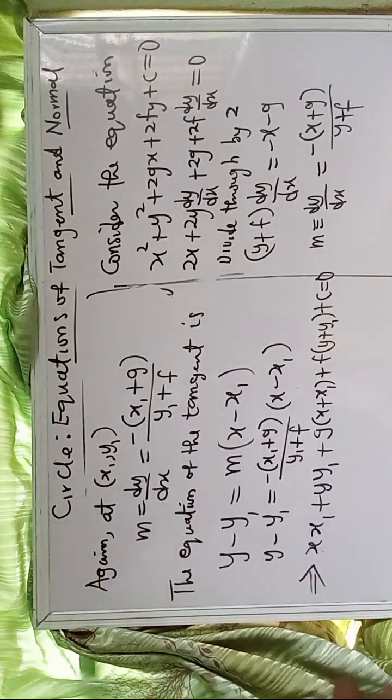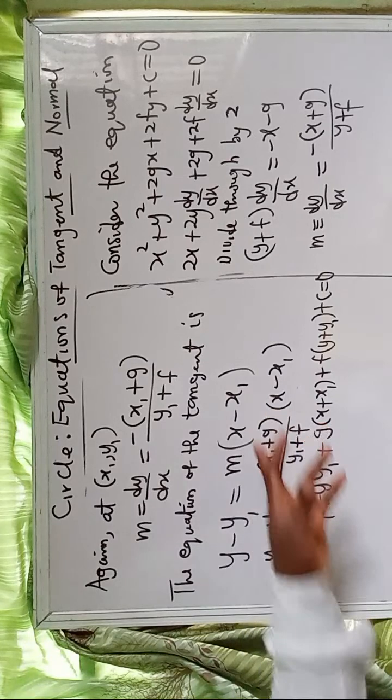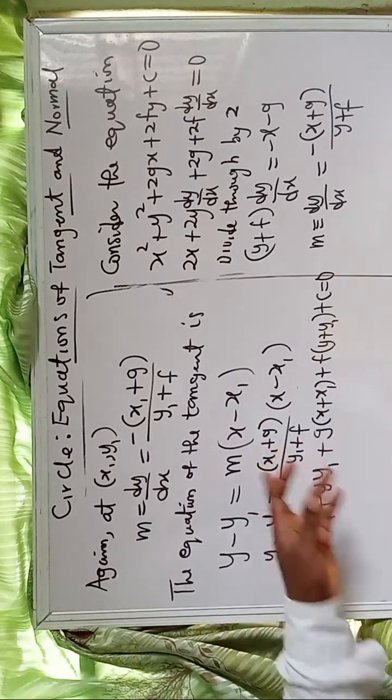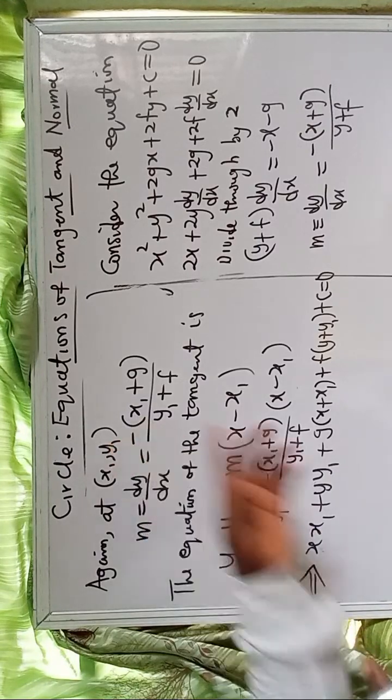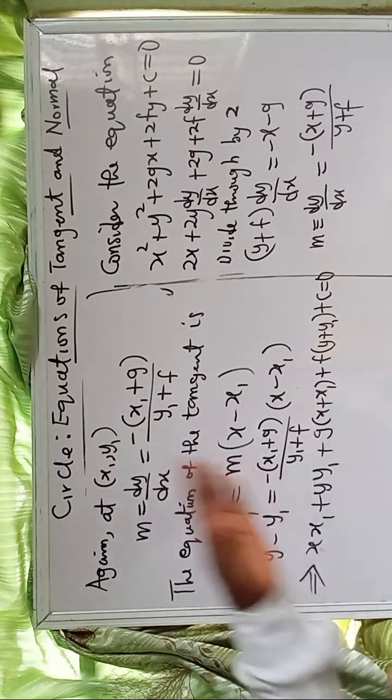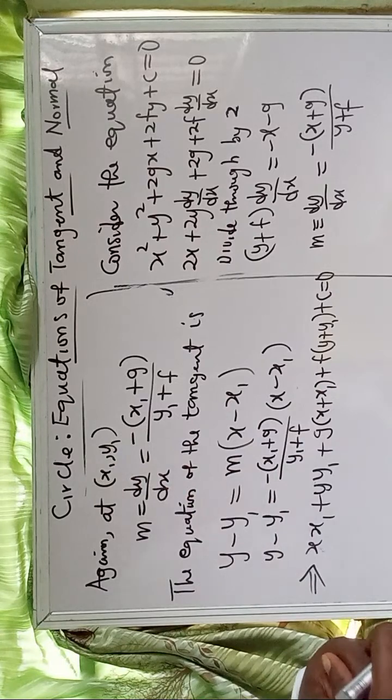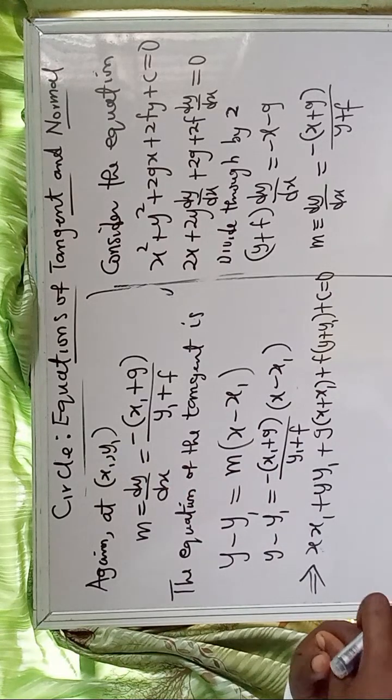If you resolve this, we'll get this. So either this or this is the equation of the tangent line at the point x1, y1. Either this or the previous one is used to find the equation of the tangent line.